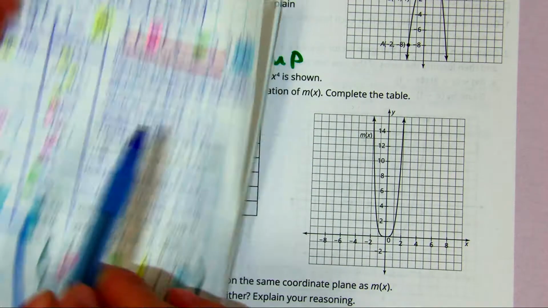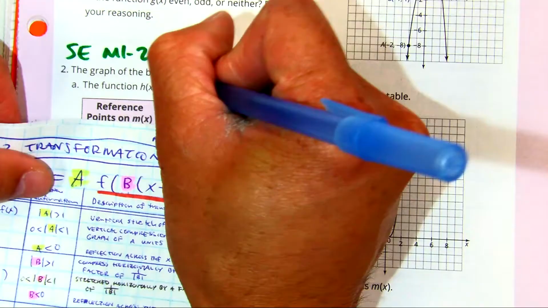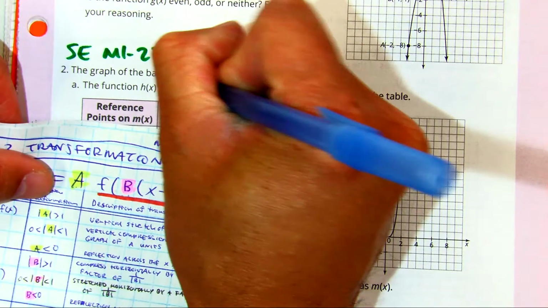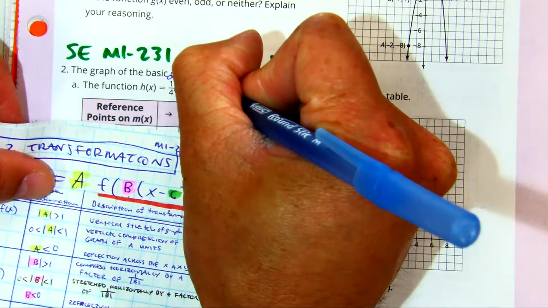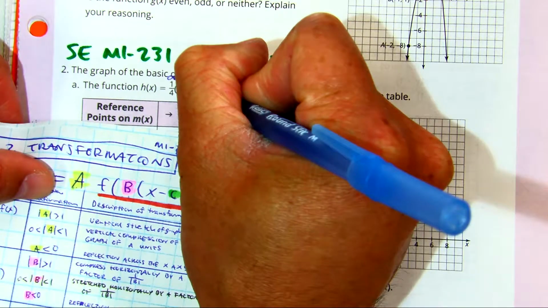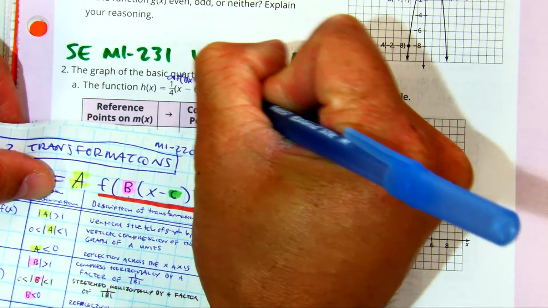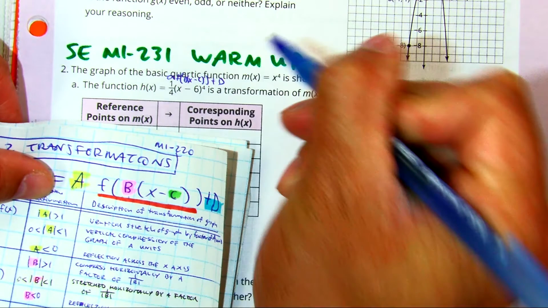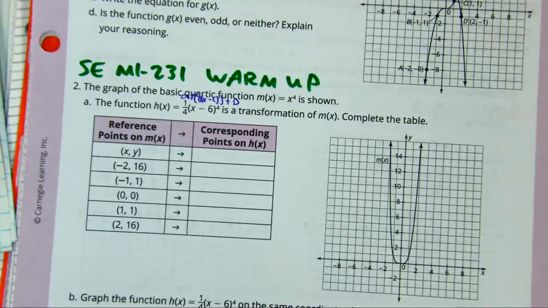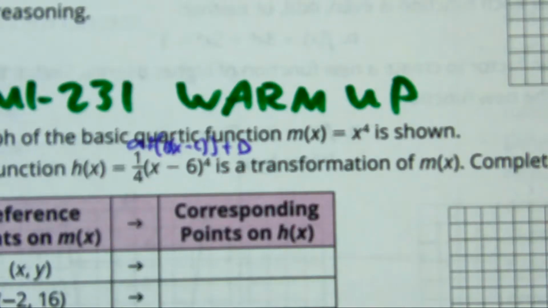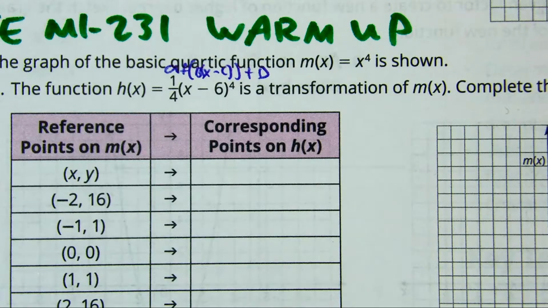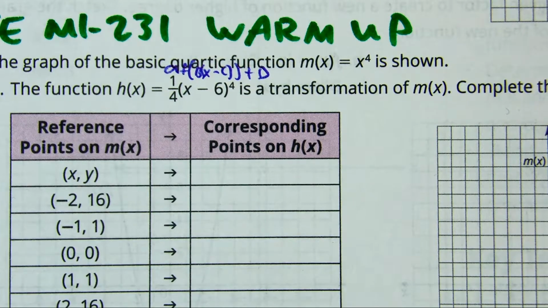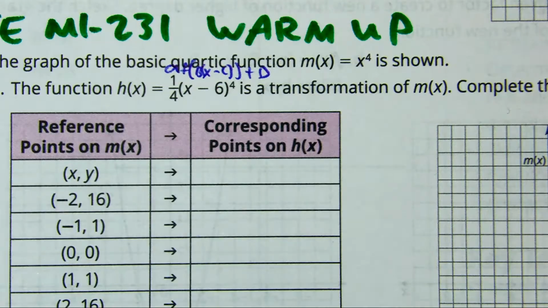So I'm going to write these letters right above it. And that way I can kind of see if anything is happening. Kind of hard to see, but I wrote the letters there. And what I'm going to do with that is I'm going to create a rule here.